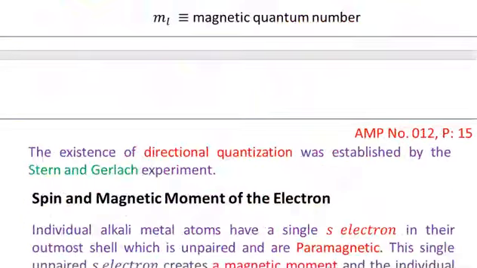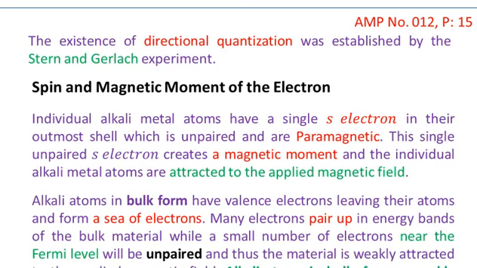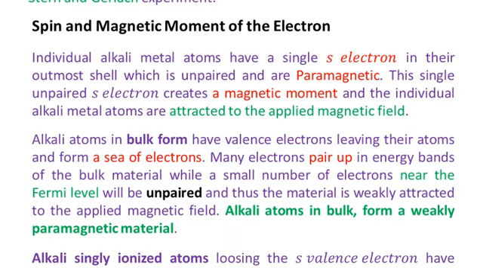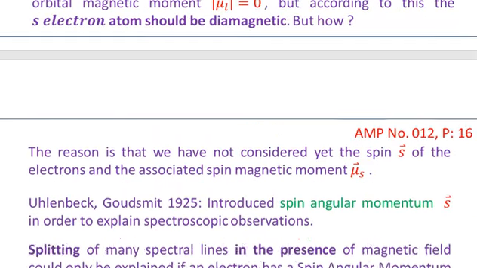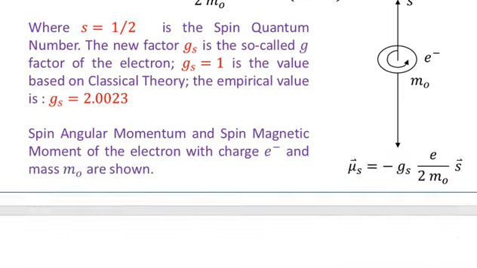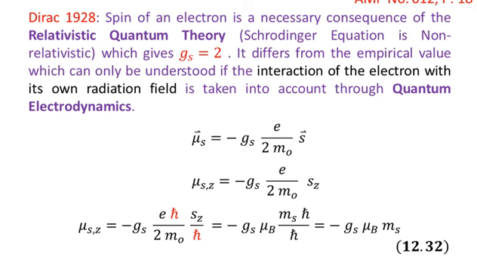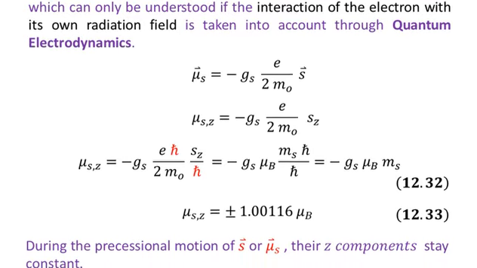So you see that in today's lecture, I have discussed quantities like spin angular momentum, spin magnetic moment, spin quantum number, and spin magnetic quantum number ms. Then I have discussed the relationship between these quantities, that is, the relationship of the spin magnetic moment with the spin angular momentum.